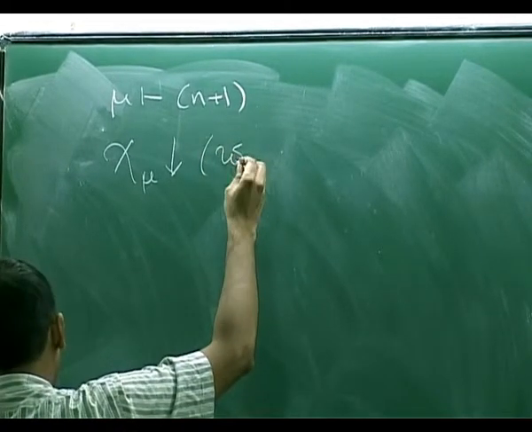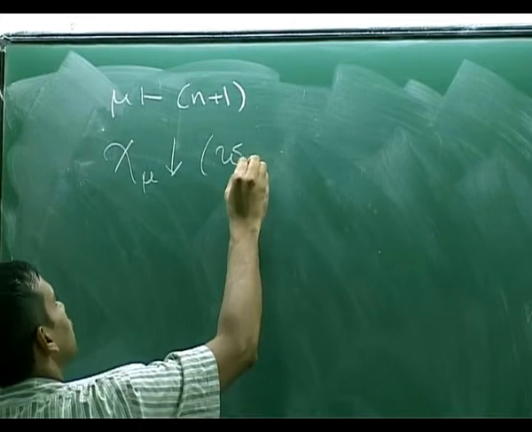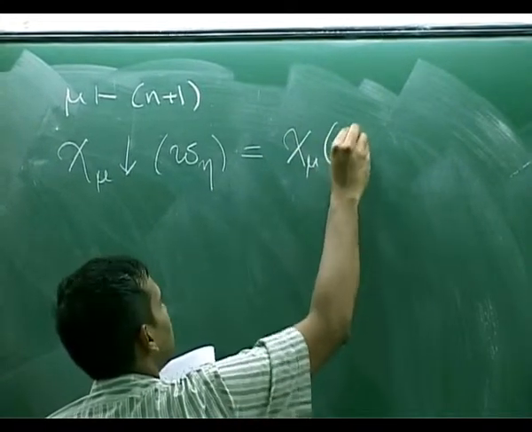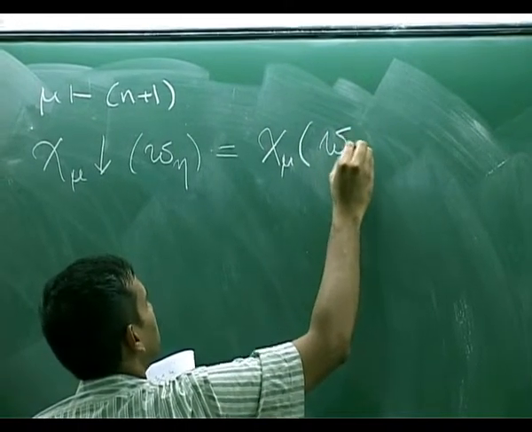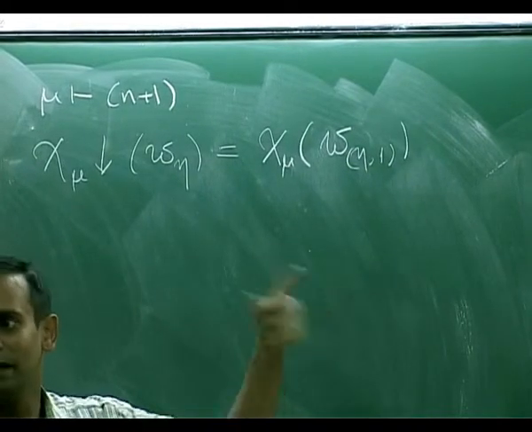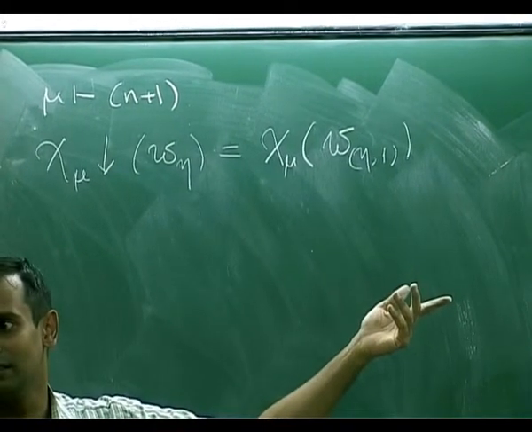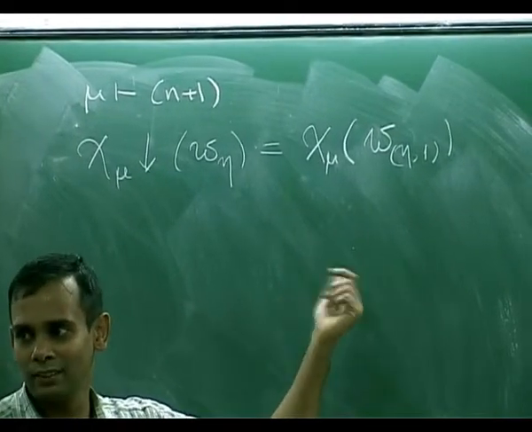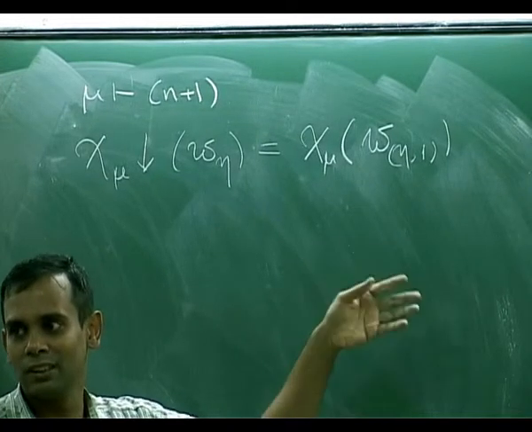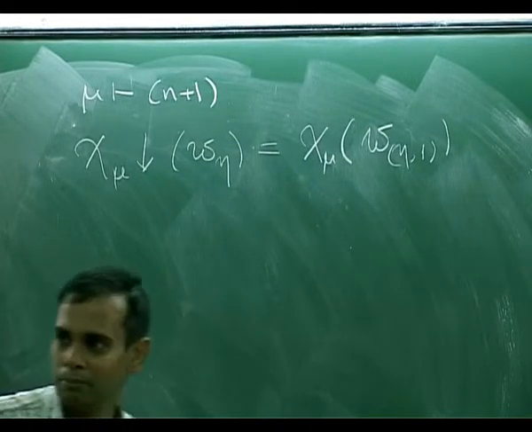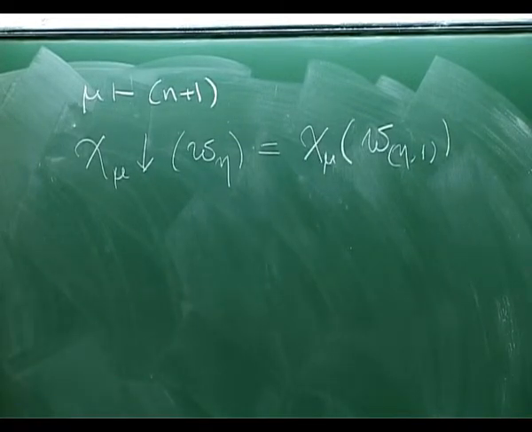If eta is a partition of n, then this is chi mu at w of eta comma 1, which just means that you take this partition eta and append a 1 to the end of it. If it has some zeros, then append the 1 just after the last non-zero term. That's clear because of the way Sn is sitting inside Sn plus 1. The last element is a cycle all by itself.